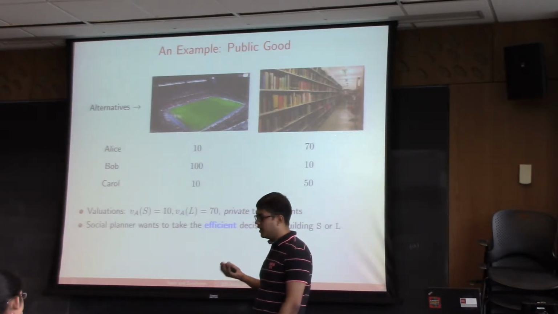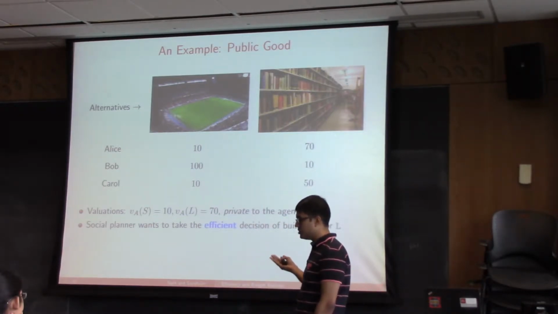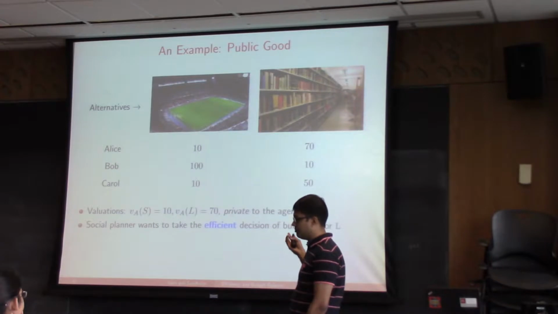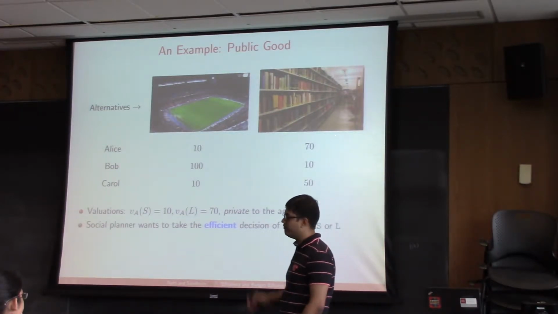So a large body of literature in social choice theory essentially tries to see how you can elicit the truthful information from these agents and also take an efficient decision.